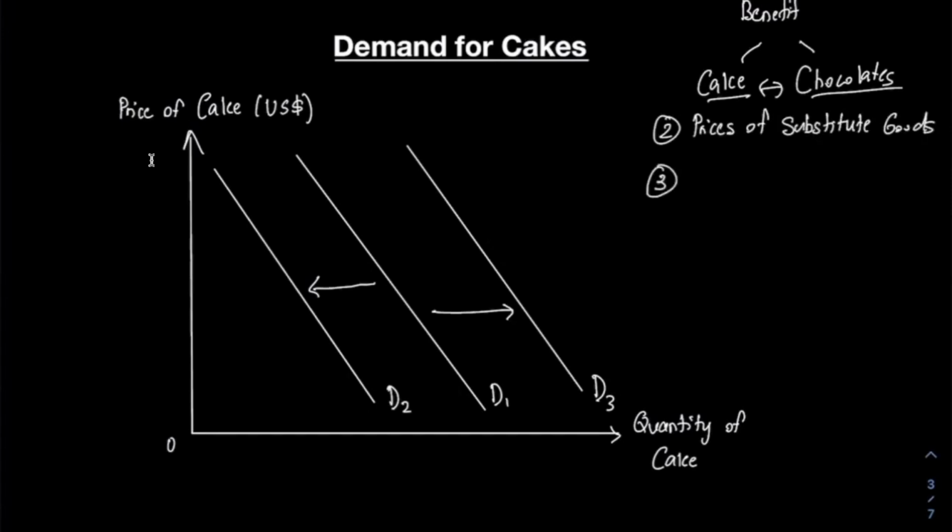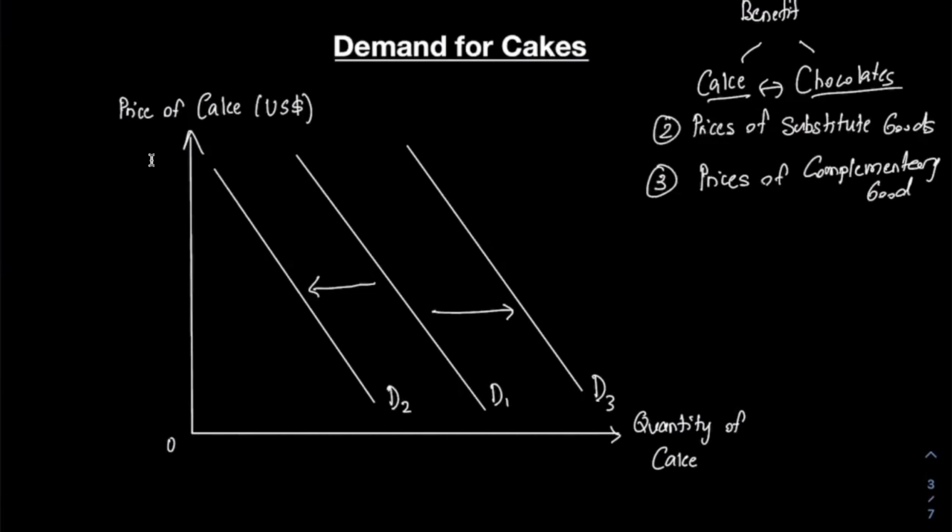The third non-price determinant is prices of complementary goods. So you may then be asking yourself, what is a complementary good? Well, a complementary good is, as the name suggests, a partner, a complement to the original good that you're consuming. So again, using the example of cake, one very simple complementary good I can think of would be ice cream.